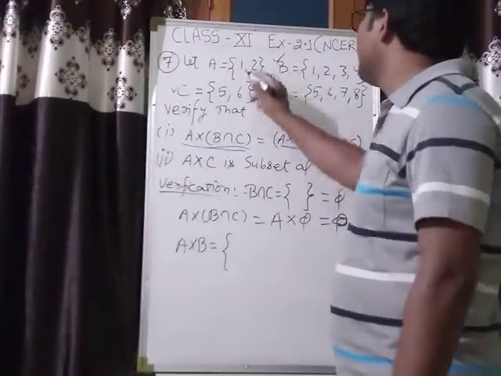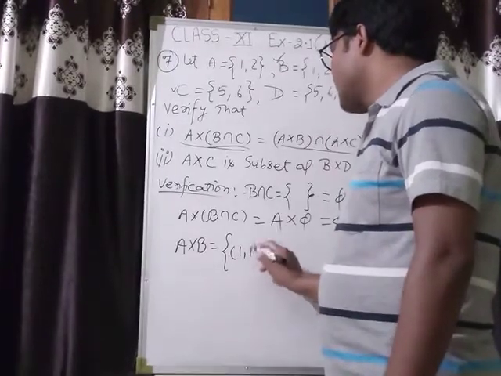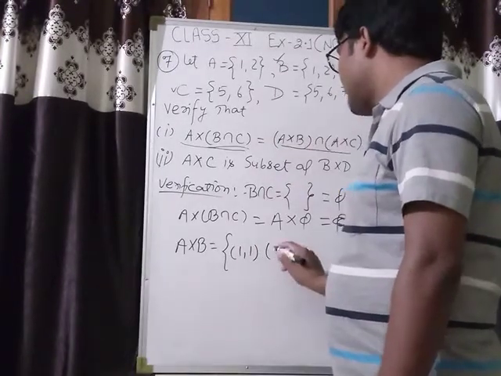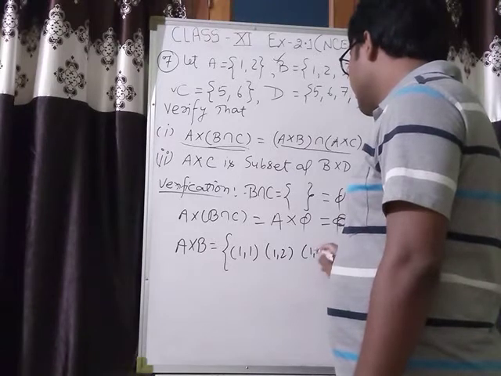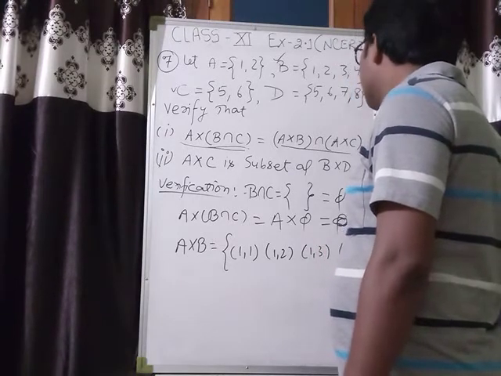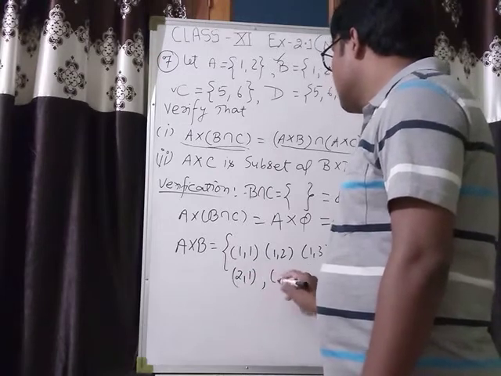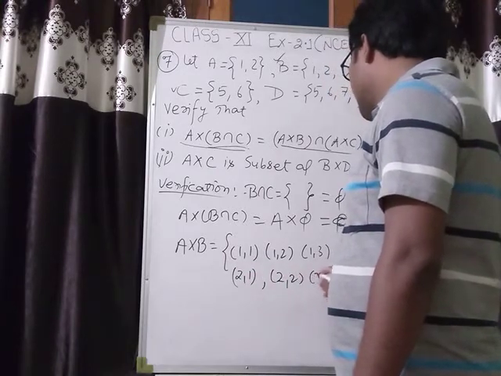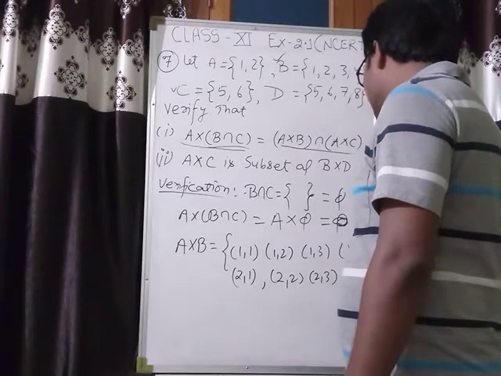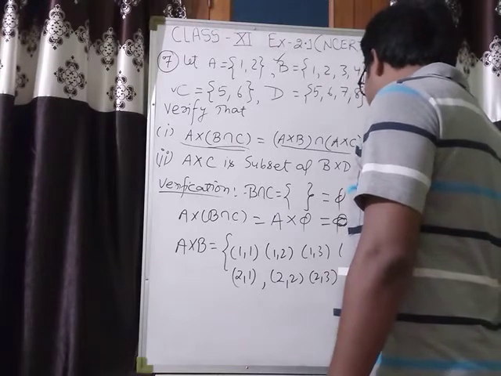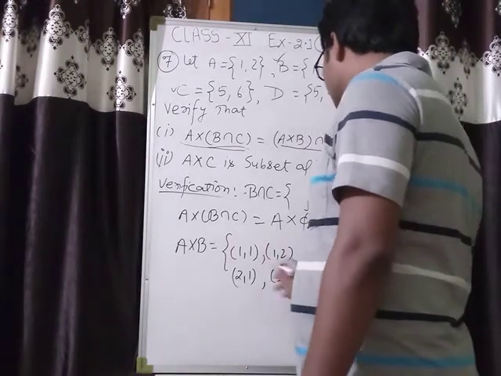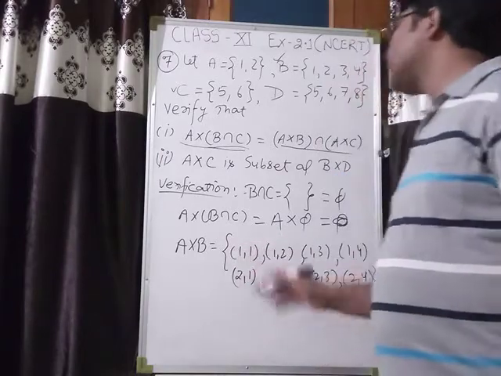That will be (1,1), (1,2), (1,3), (1,4), (2,1), (2,2), (2,3) and (2,4). These 8 elements are in A Cartesian product B.